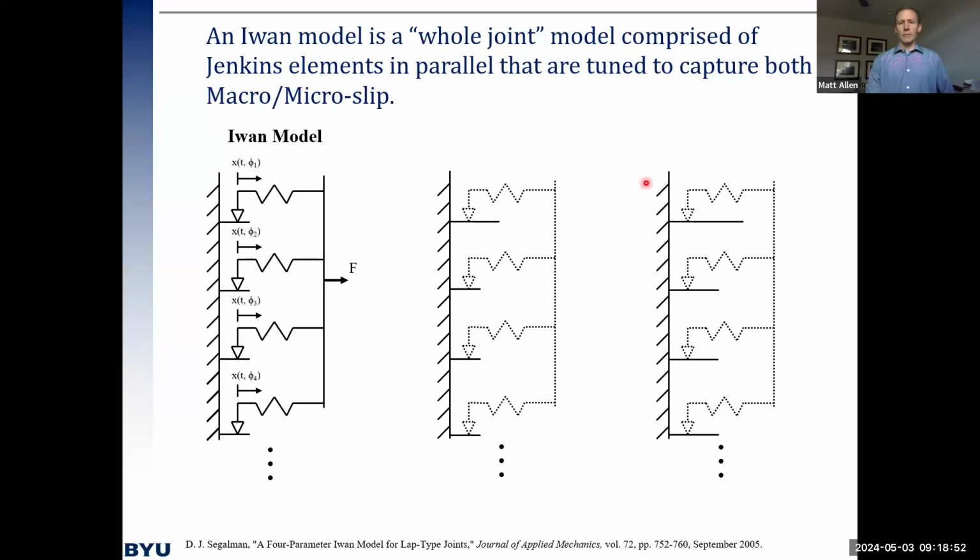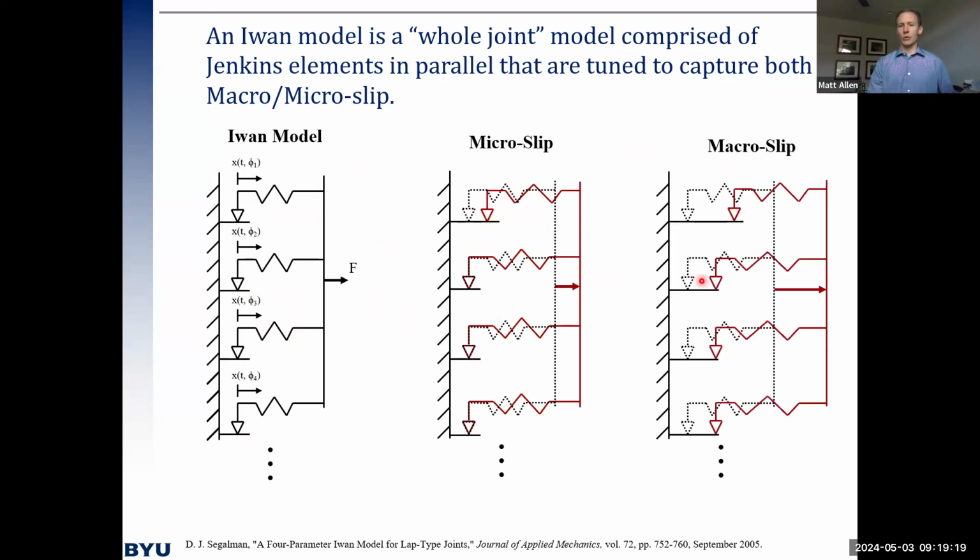So the I1 element is a general purpose model that kind of captures that physics. And the idea is that if we take an arbitrary collection of Coulomb sliders, I1 was able to show that the only thing that matters in the end is the strength of each of those sliders. And as you pull on this distribution of sliders, at low forces, you might just have one slider slip.